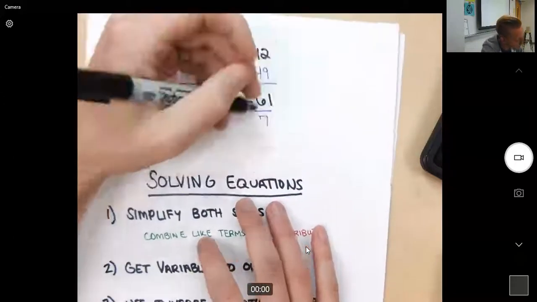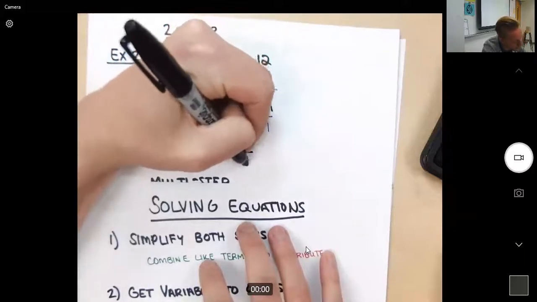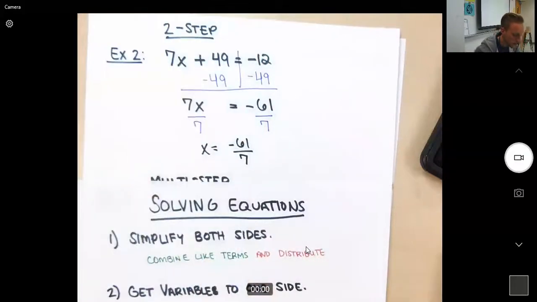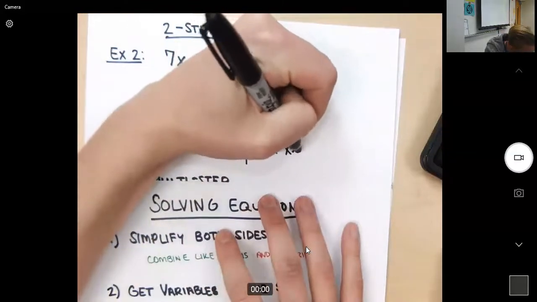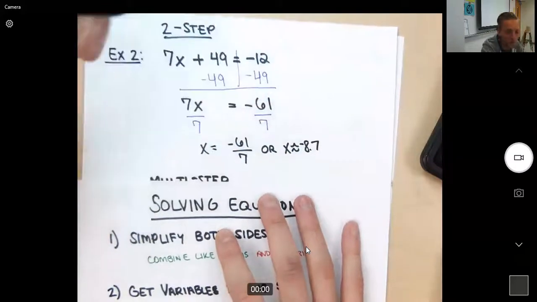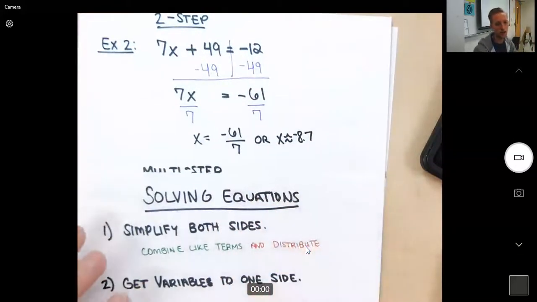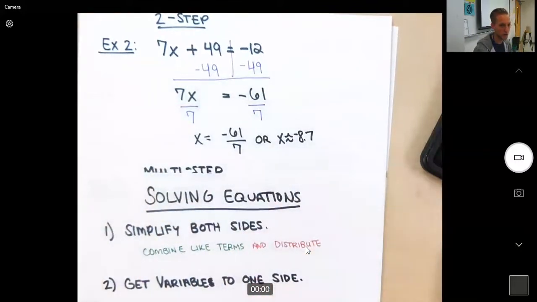So we get x is equal to negative 61 over 7, or depending on your answers, x could approximately be negative 8.7, okay? It just depends on what kind of test you're taking, whether it's going to have multiple choice as a fraction or a decimal. So just be careful there.